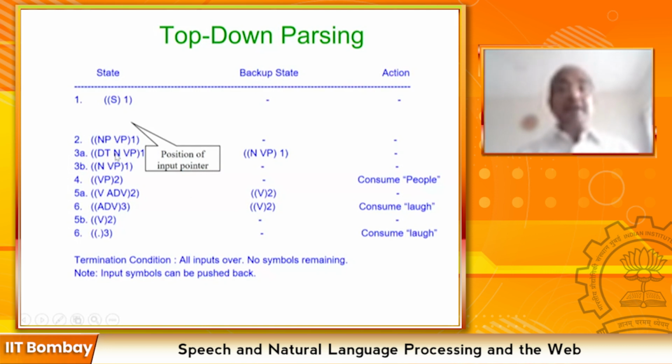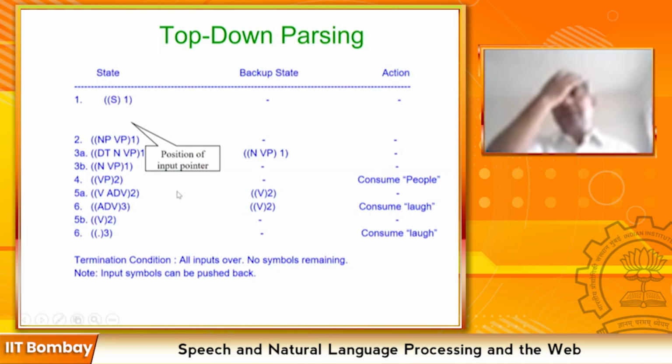Now the problem with recursive descent parsing or top-down parsing is well known, namely that a lot of useless productions come onto the stack and get applied. Even when the input has no such non-terminal, we still apply it, then make a mistake, do backtracking, and pick up a state from the backup. This is one problem, which leads to inefficiency.